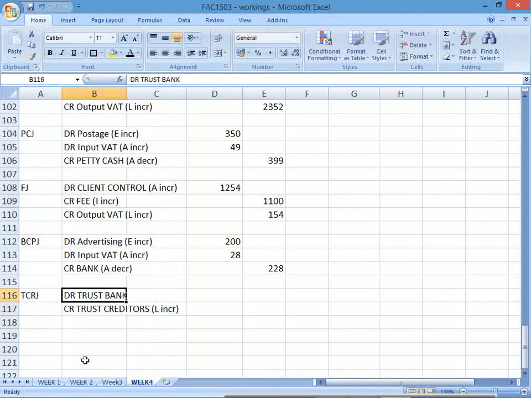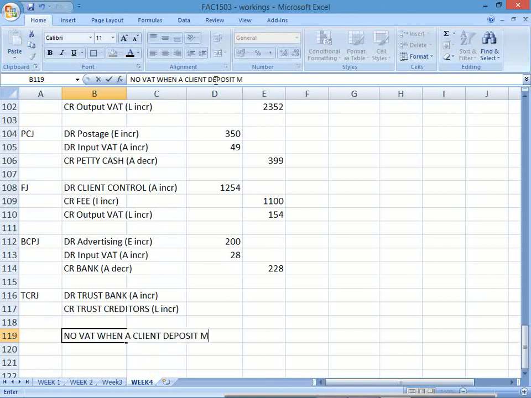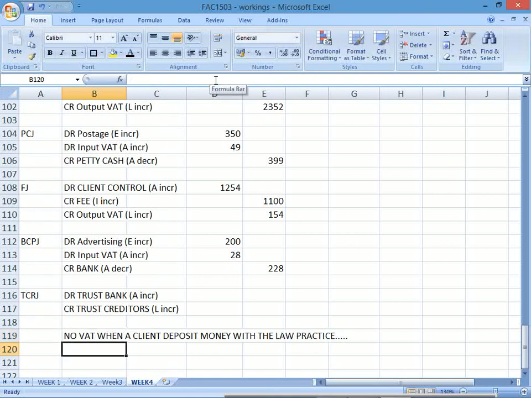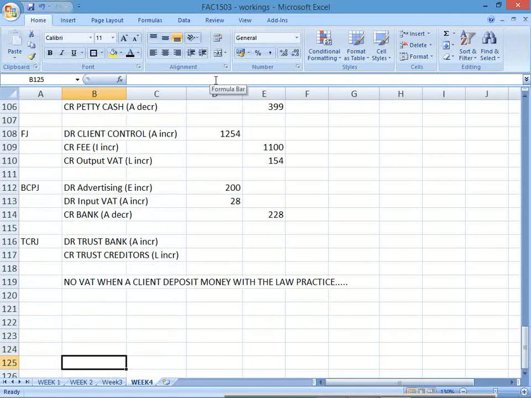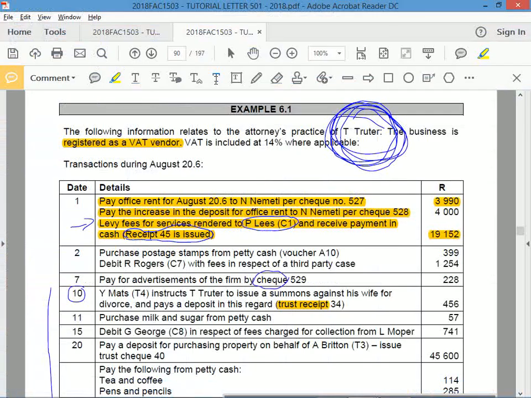Would there be VAT here? No. Be careful. No VAT when a client deposits money with the law practice. There will never be VAT there. It's just giving the business a resource.